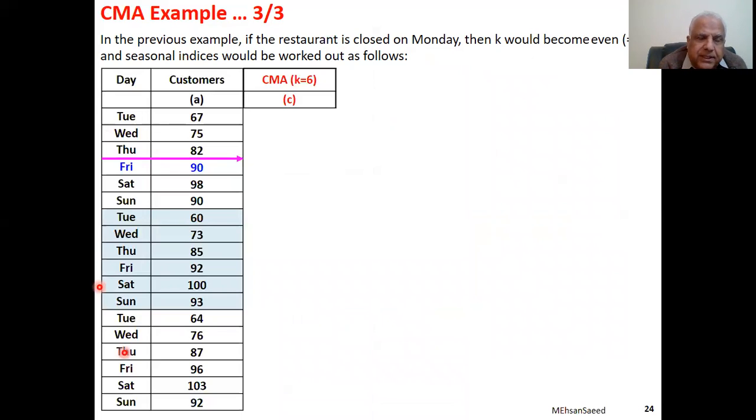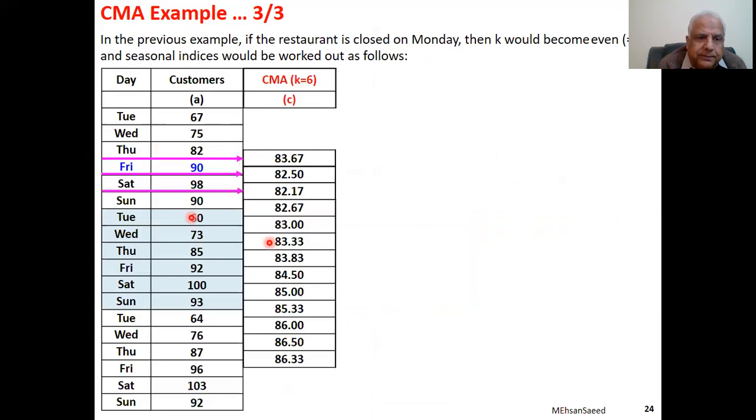So we take 6 data points, find where the statistical middle is. The statistical middle is over here, which is Thursday and a half, or Thursday 0.5. So we take the mean and put it against Thursday and a half. And likewise, we do this exercise for all.